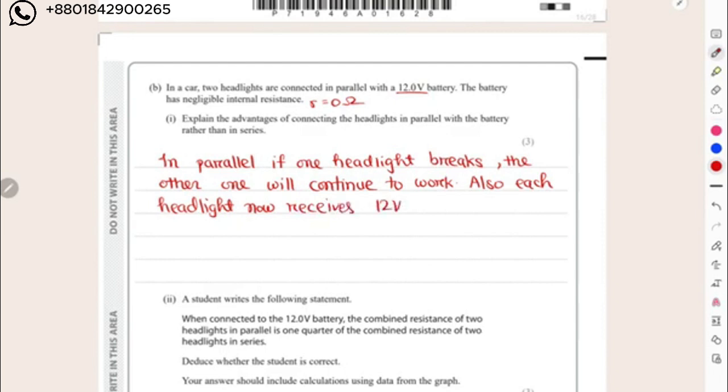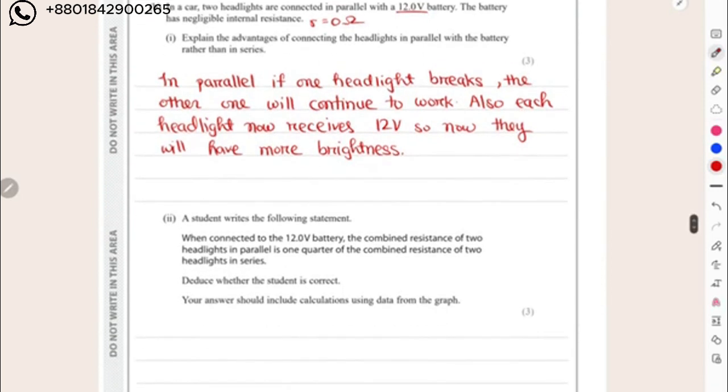So now they will be brighter, right? More brightness. Okay. So this was it for B1.